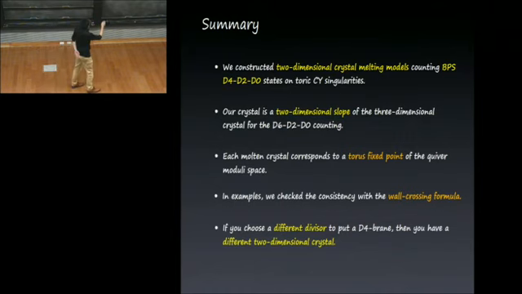Though I didn't talk about it today, each molten crystal corresponds to a torus fixed point of the quiver moduli space. In examples, we checked the consistency with the wall crossing formula. And as I said, if you choose a different divisor to put a D4 brane, then you have a different two-dimensional crystal. So that's it. Thank you very much.